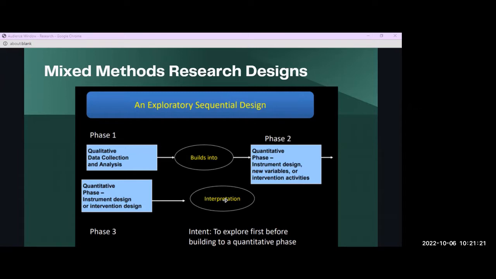For example, if you developed 100 items based on the interviews with the participants, you will disseminate those 100 items to a lot of respondents. After getting the data, you will perform statistical analysis like factor analysis to determine the dimensions of self-efficacy. So that is the quantitative phase. And after that, you will perform reliability, and then later on, you develop the dimensions of self-efficacy.